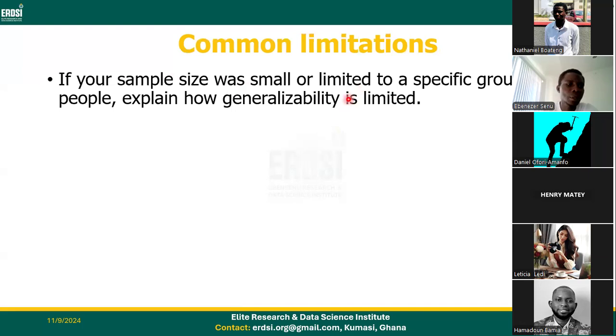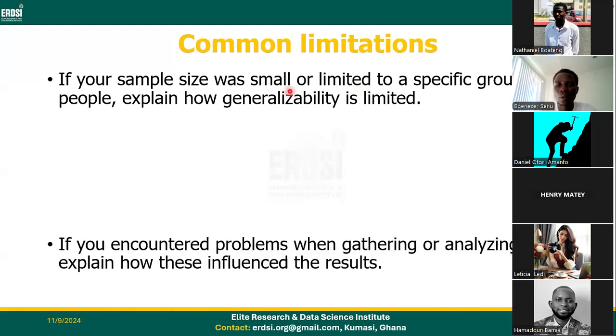So most people in developing countries always use this one. It doesn't mean that sample size is always the issue. I've seen people always write sample size, sample size, even if they had adequate sample size. Sample size is just one of them.